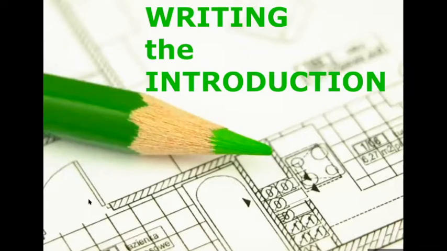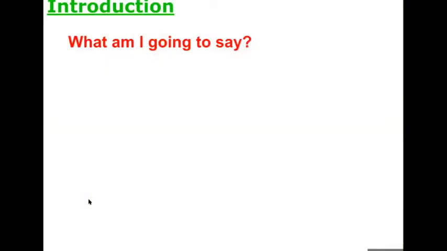Okay, now, writing the introduction. Okay, so for the introduction, you want to know what am I going to say here, you know, as part of the introduction. Okay, bottom line, you want to inform your readers the reason why you are writing the paper or the reason why you conducted the study.